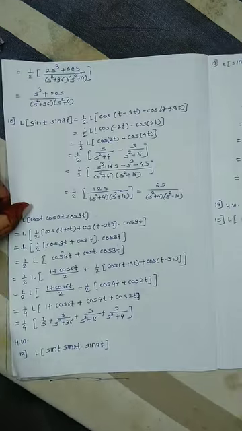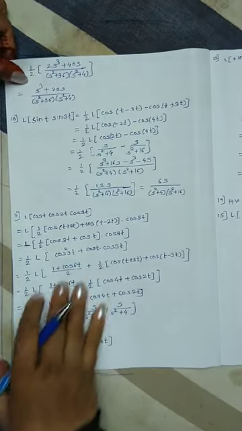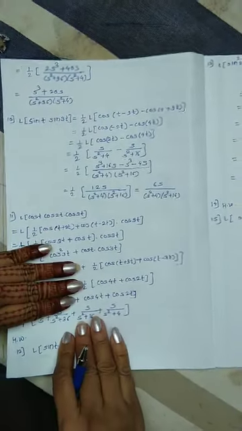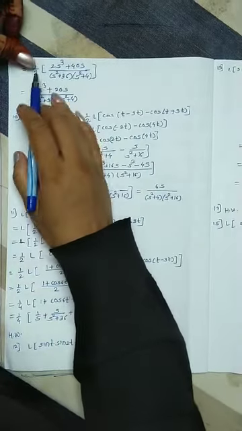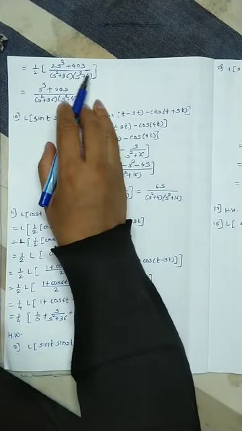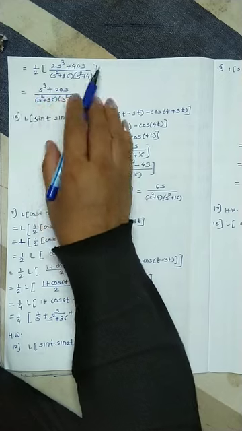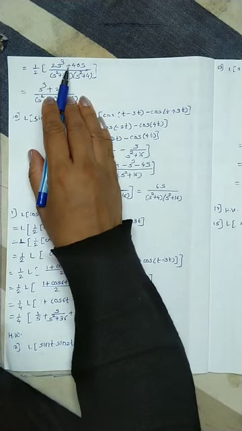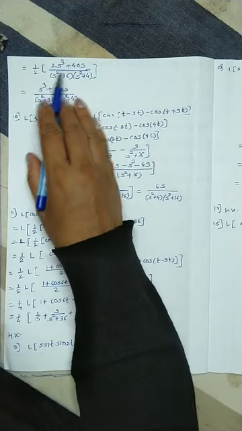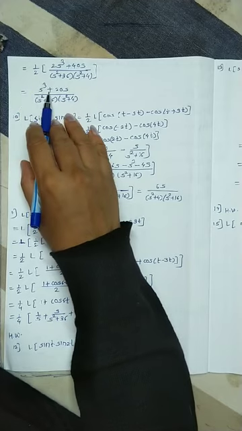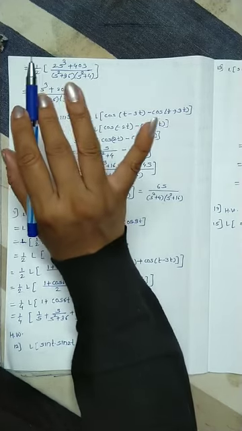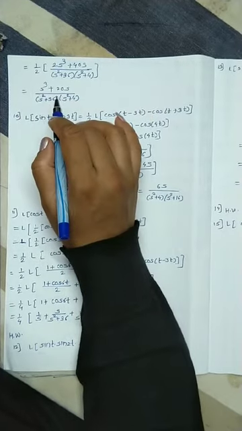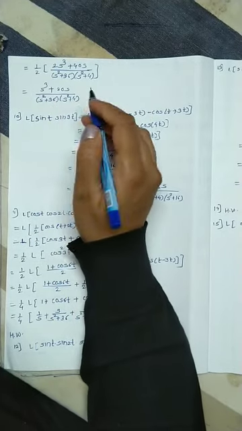Denominator is the same. Now half of 2s cube plus 40s: take 2 common from the numerator and cancel with this outside half. We get the final answer s cube plus 20s upon the denominator. These two terms are the same. This is the cos cos example we have just solved.